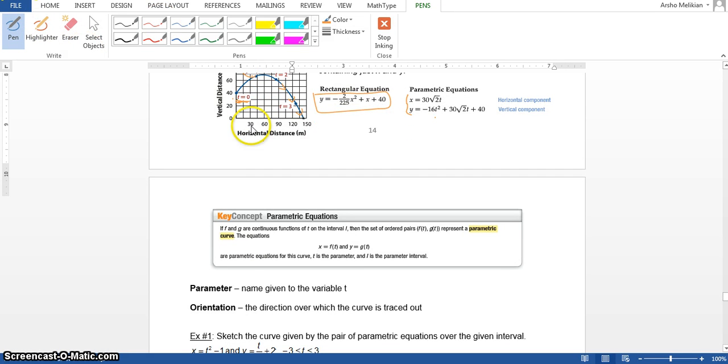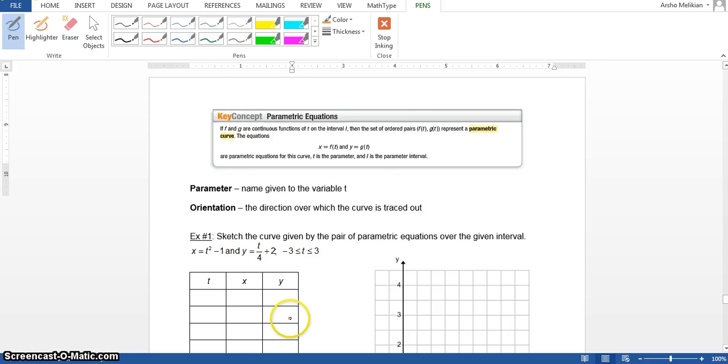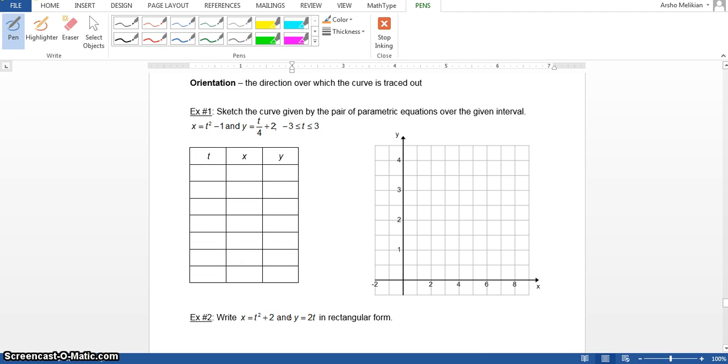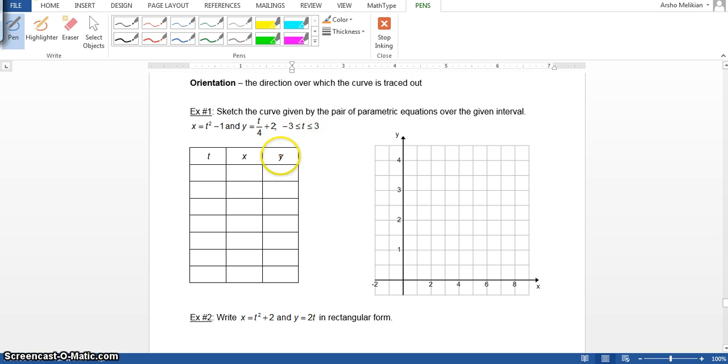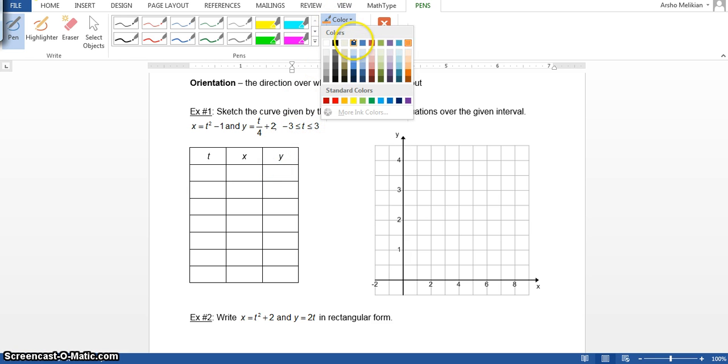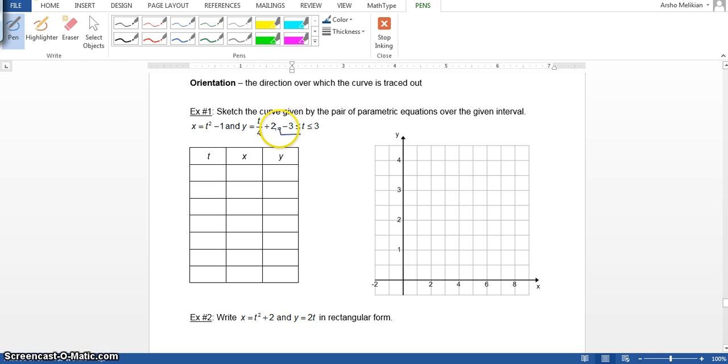Let's do this example. It says sketch the curve given by the pair of parametric equations over the given interval. I have an equation for x, an equation for y, and I'm given values for t. If it gives us -3 to 3, how come our graph only gives us -3?